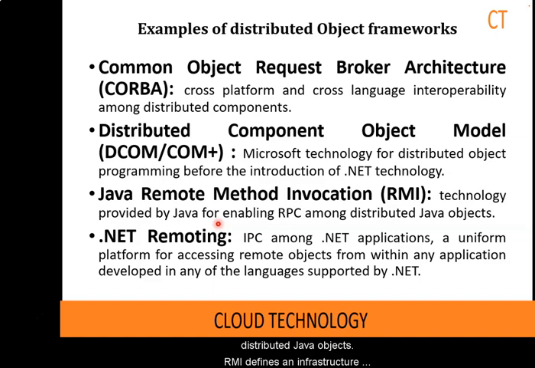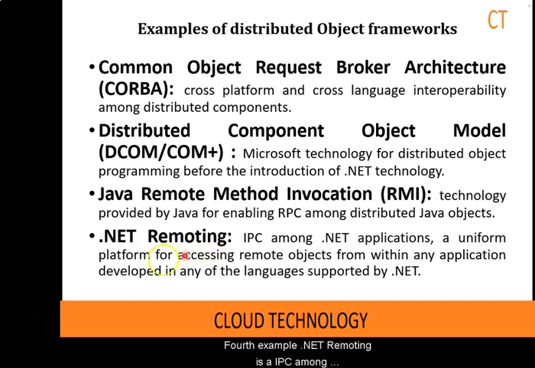RMI defines an infrastructure allowing the invocation of methods on objects that are located on different Java virtual machines (JVMs), residing either on the local node or on a remote one. As with CORBA, RMI is based on the skeleton concept. Developers define an interface extending java.rmi.Remote that defines the contract for IPC, that is, interprocess communication.